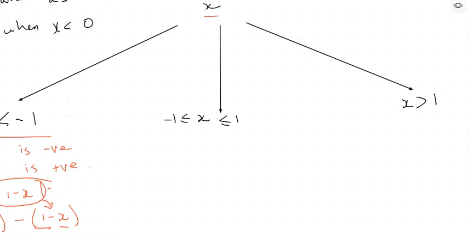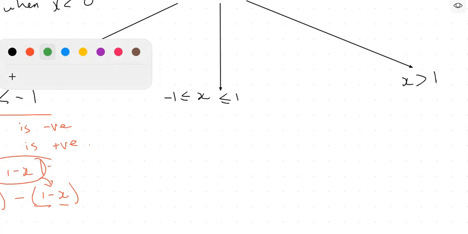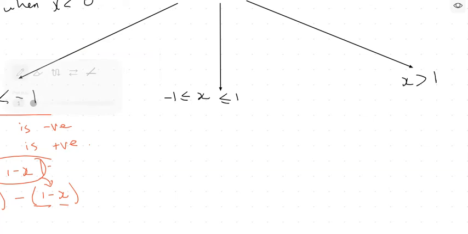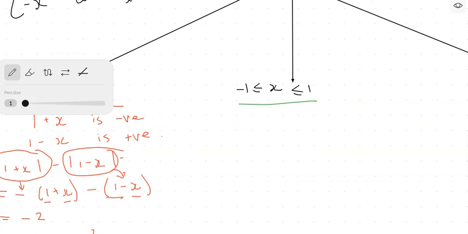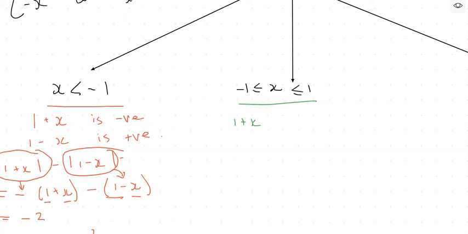Okay, next condition. X is between those 2 poles. I'll do this in green. So let's copy the last line. So 1 plus x, in this case, is positive. And 1 minus x is also positive. So effectively the mod signs just drop off.